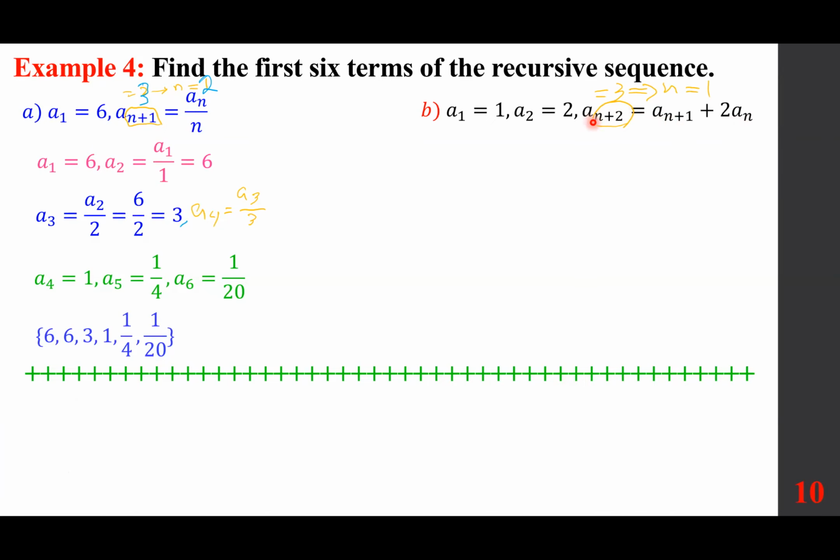So a sub 3 is a sub 2 plus 2a sub 1, according to the general term. So replace the a sub 2 with number 2 plus 2 times, replace the a sub 1 with number 1, and we get the total of 4.